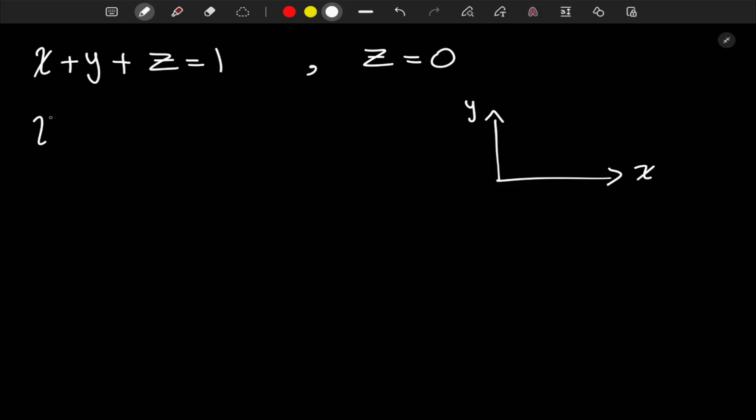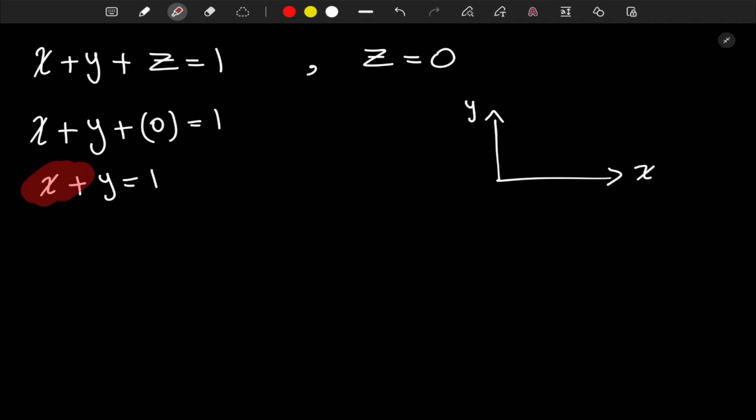So x plus y plus 0 will be equal to 1. So x plus y is equal to 1. Now this function is familiar.